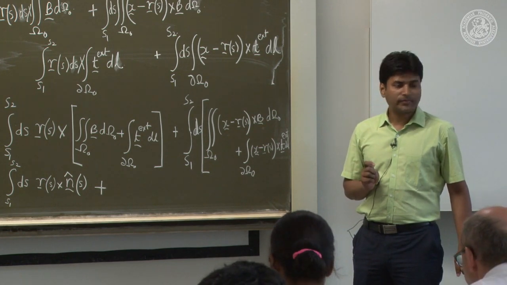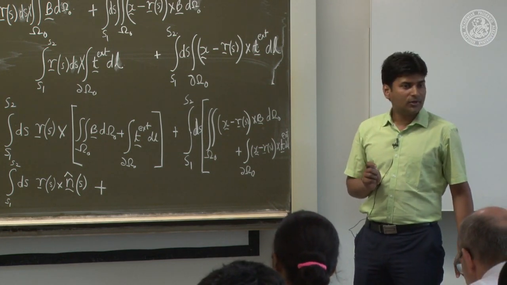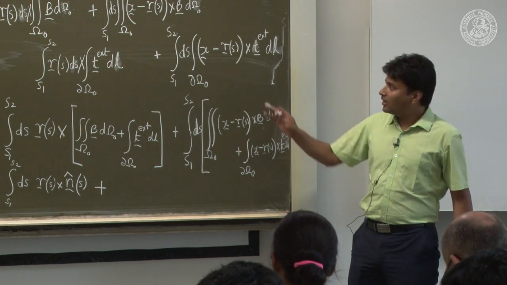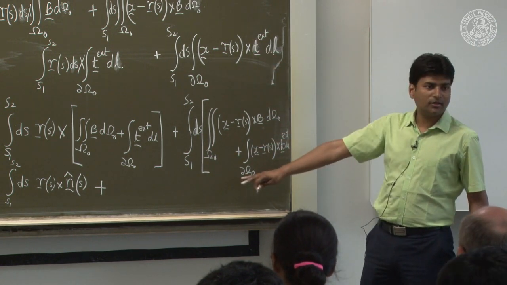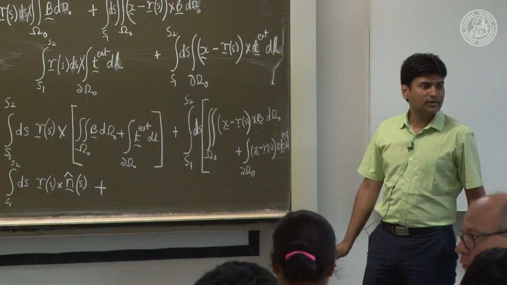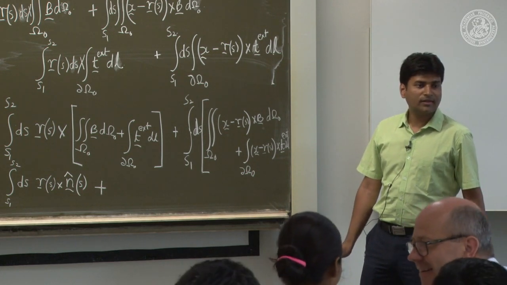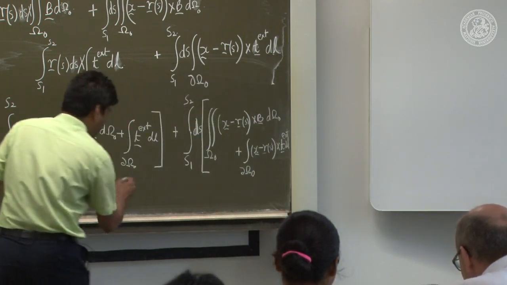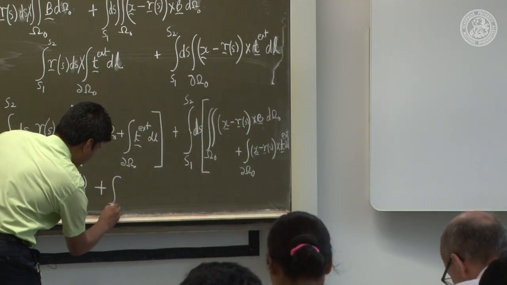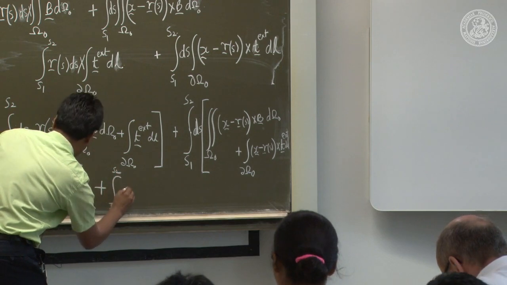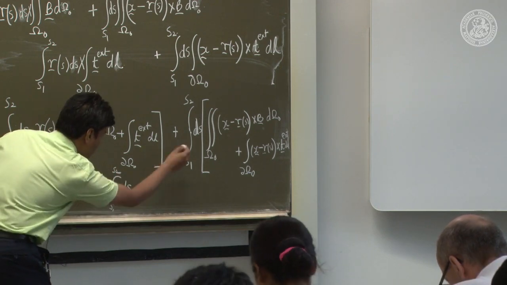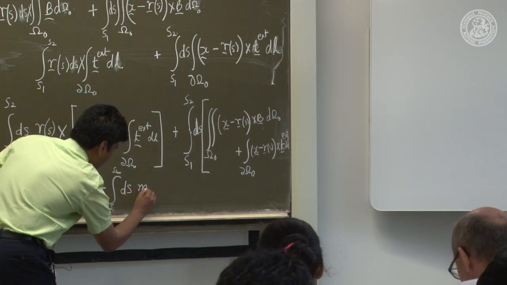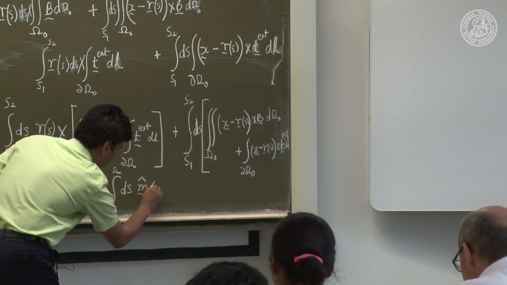Okay. Any confusion here about the steps that I have taken? Okay, you can interrupt me. So this becomes integral from S1 to S2 of ds, and then I will write this as m hat of s.